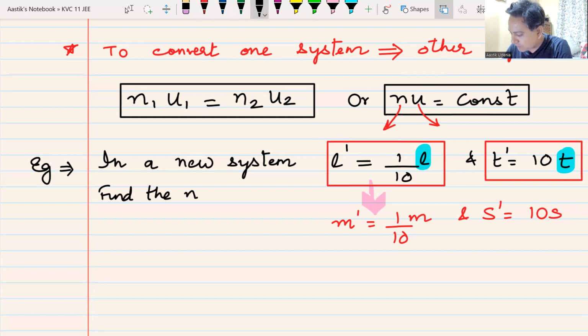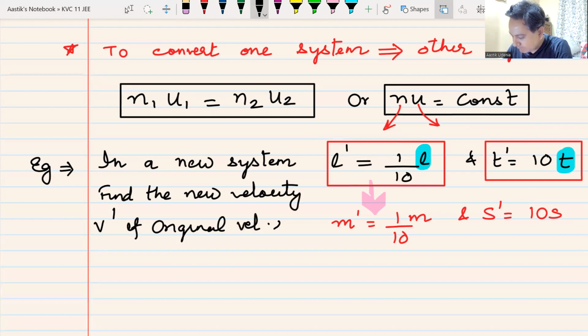Find the new velocity v dash if the original velocity is v. The original velocity is given as v. What is the new velocity?